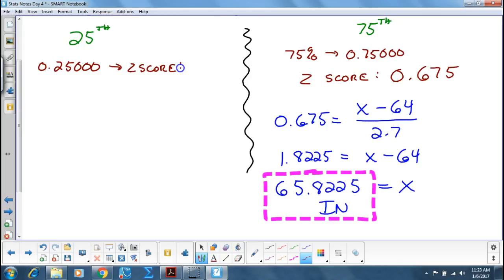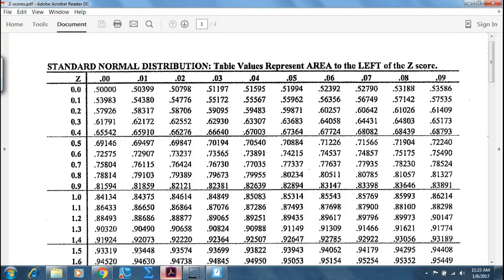So, should have gotten a z-score of 0.25.